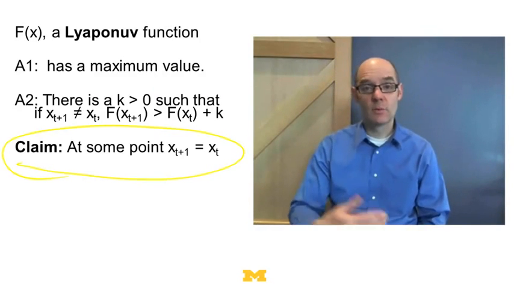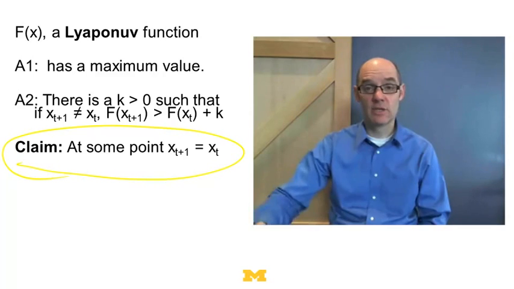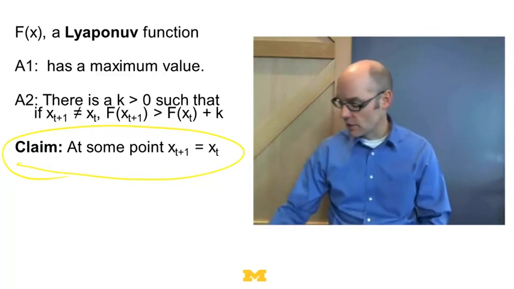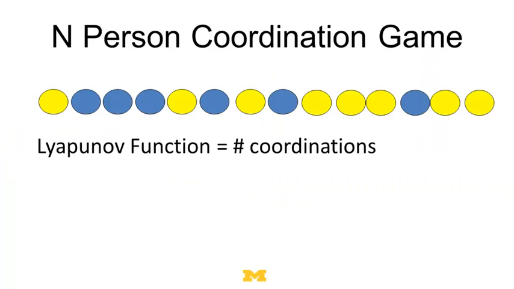Well, it turns out if we play the pure coordination game asynchronously, that means having each person moving one at a time, you can show that it satisfies the Lyapunov function. How do we do it? We do it by letting the Lyapunov function be the number of coordinations. So suppose this person right here switches and becomes blue. What's happening is the number of coordinations has gone up by 2, because now this person's coordinating with this person and with this person.